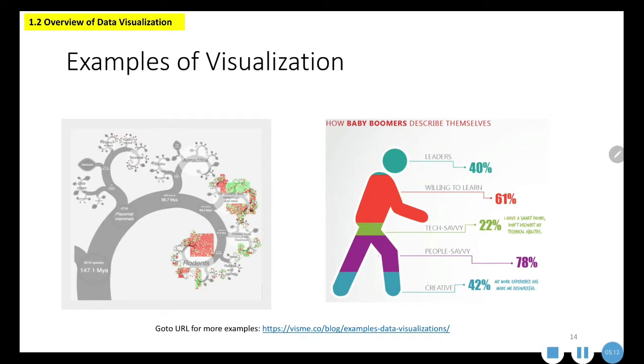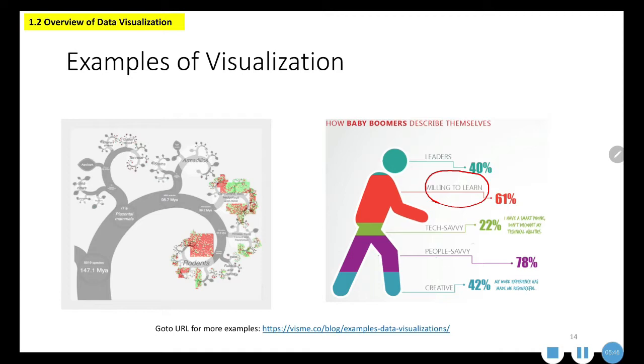Baby boomers are the generation before Gen X. So you are now, I think, Gen Y. I am Gen X. So baby boomers are the generation before generation X. They describe themselves, from a survey done, like 40% of them are leaders, and 61% of them said that they are willing to learn.